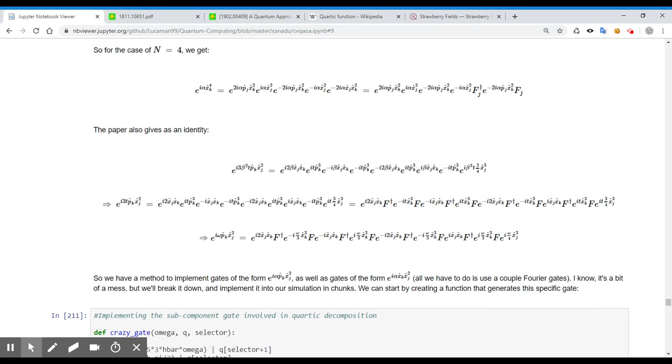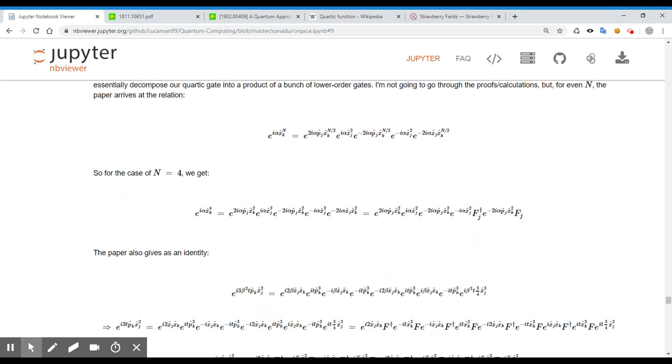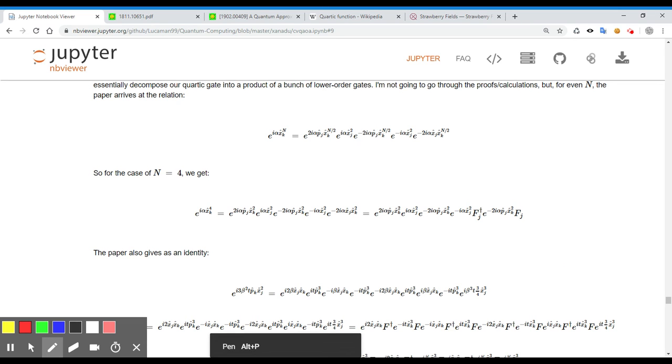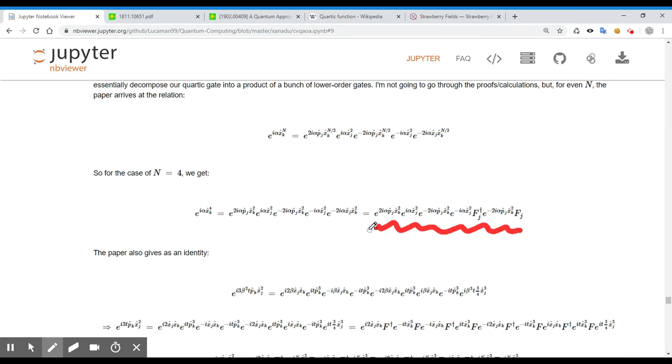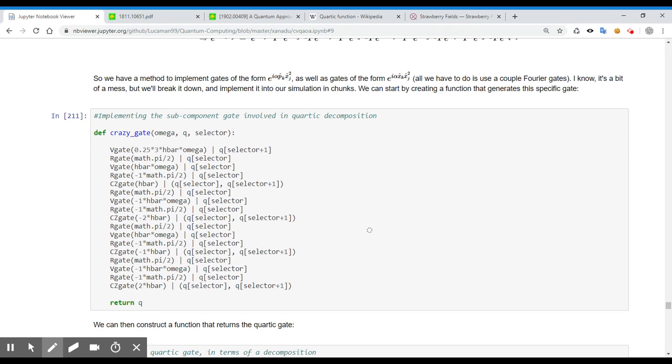So if you have a concrete recipe of something you want to implement, and then you've got your set of gates, you've got to find that mapping, and you're going to do that mathematically.